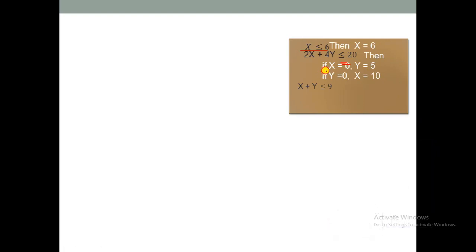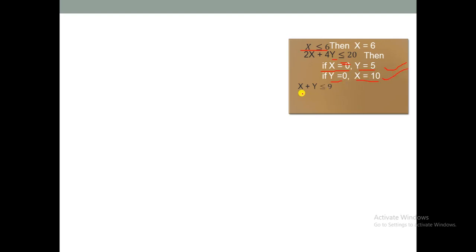When we put x equal to 0, the 2x will become 0 and 20 divided by 4 will become y equal to 5. Same step we have to repeat for the other variable. Now I will keep y equal to 0 and I will get x as 10. So we have got the two values, y equal to 5 and x equal to 10.